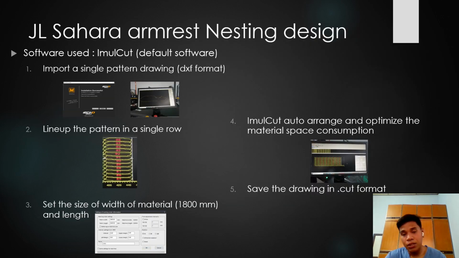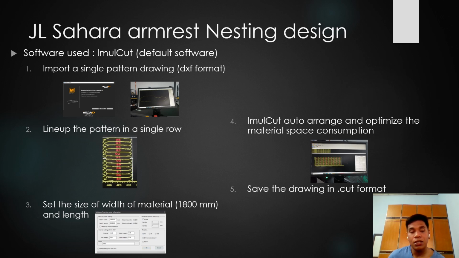For JL armrest nesting design, the software we use is Imulcut, which is the default software that came with the machine. First of all, we need to import a single pattern of drawing, which is a DXF format only, no other format, and then we line up the pattern in a single row, and then we set the width of material and the length for the space that we will utilize.